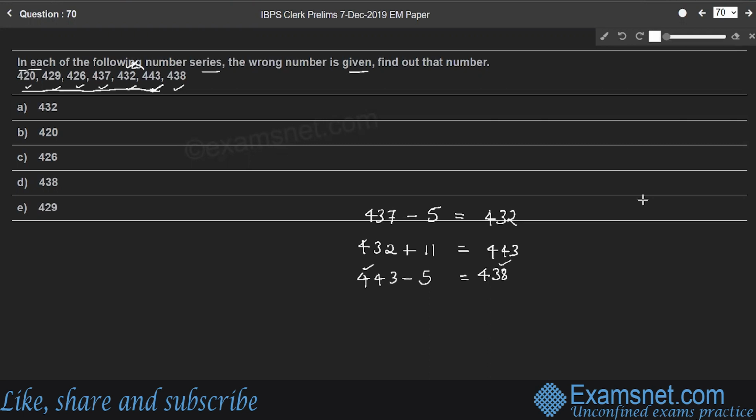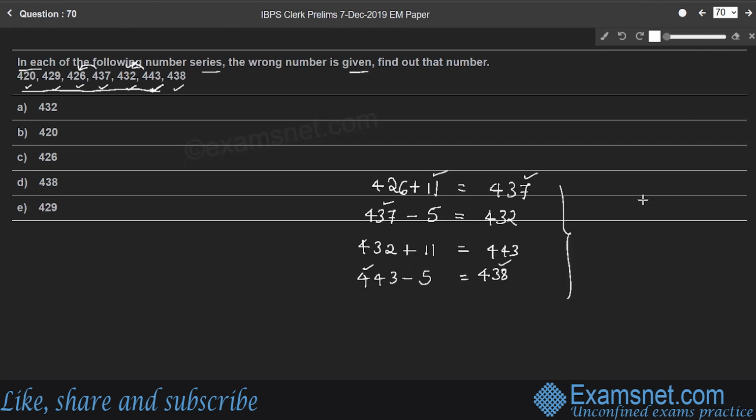Next, 437 is obtained when 11 is added to its previous number, which is 426, and we get 437.